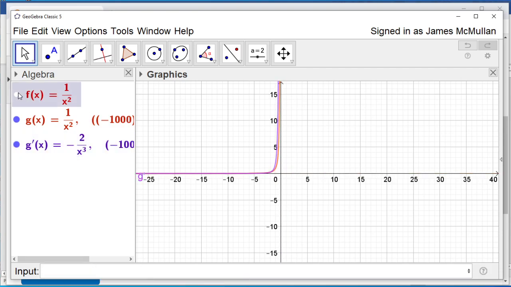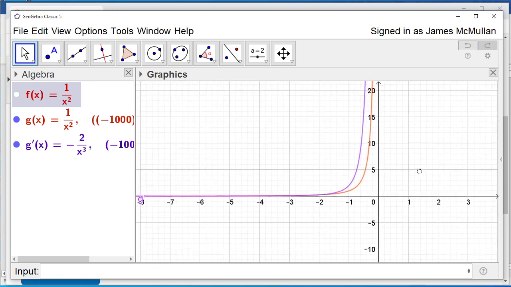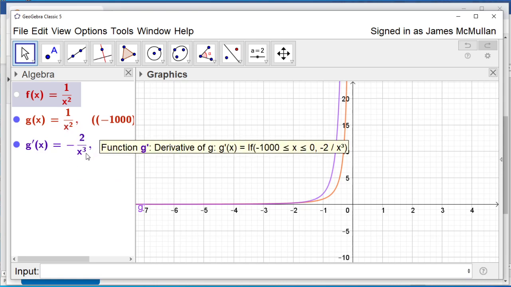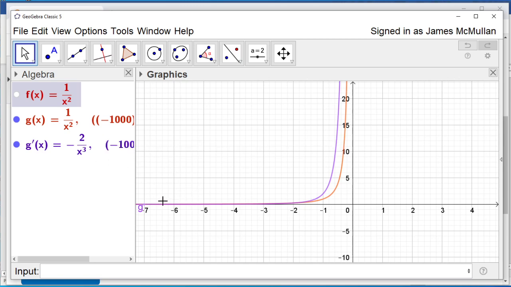You can see these are not bad matches for one another. The function and its derivative look really close together, except that with a rational function with a negative exponent, the exponent is always going to drop down by 1. So it goes from x to the negative 2, and then drops to x to the negative 3. You're never going to be able to get those two to line up perfectly.